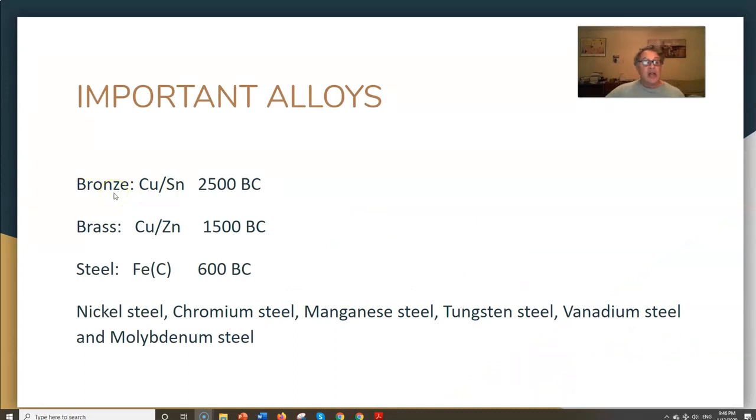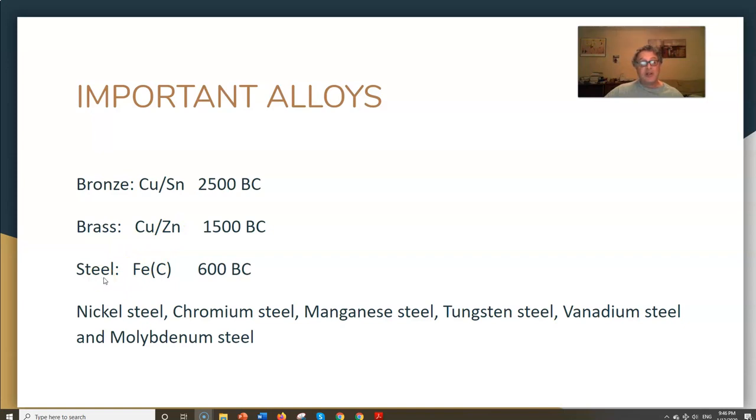Bronze is an alloy, a combination of the two metallic elements copper and tin. Brass is a combination of copper and zinc. Steel, right? Where would the world be without steel?